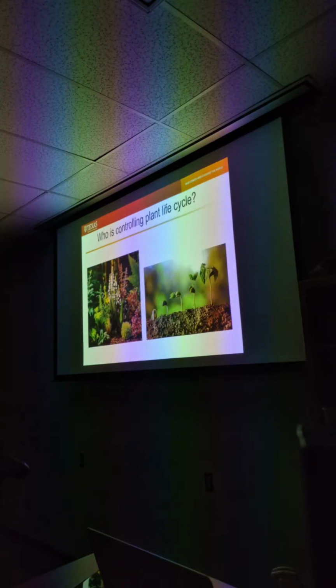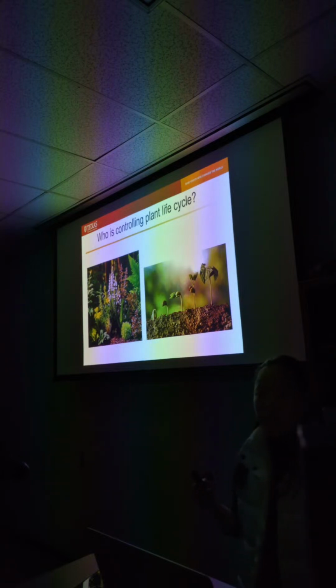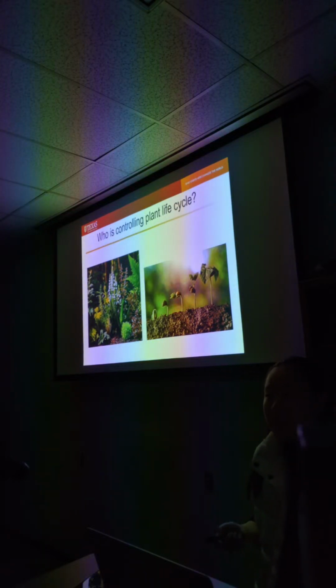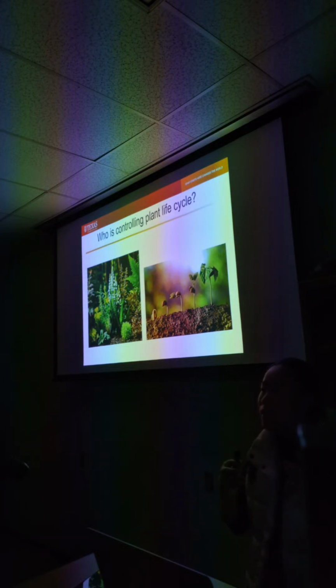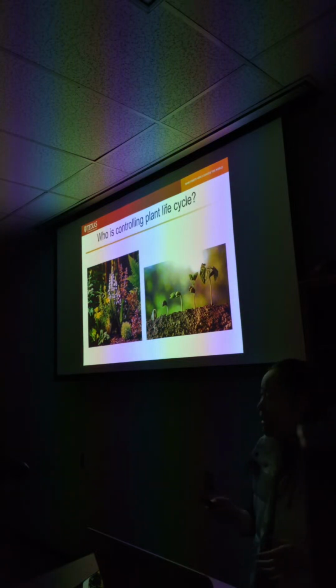The question we want to ask in the lab is, what is controlling all these plant behaviors and plant responses? And who is controlling the plant whole life cycle? Because plants are so different. They have so many different behaviors and responses according to the environmental change. And the answer is genes.